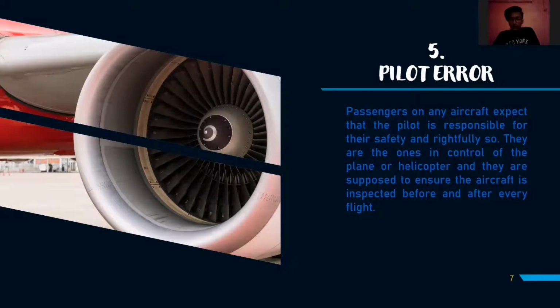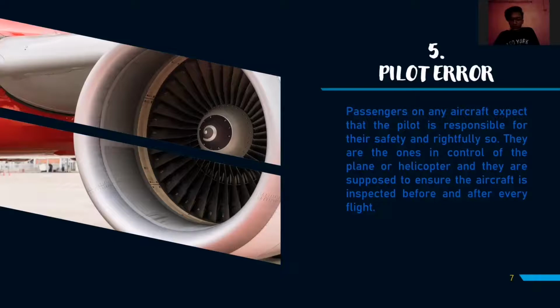The Chicago Convention defines an accident as an occurrence associated with the operation of an aircraft in which a person is fatally or seriously injured, except when the injuries are inflicted by other persons.